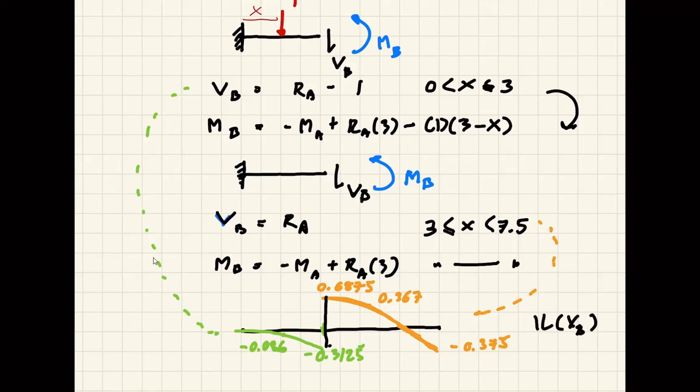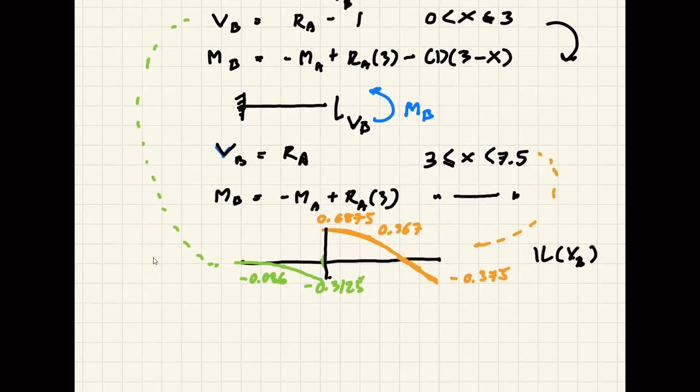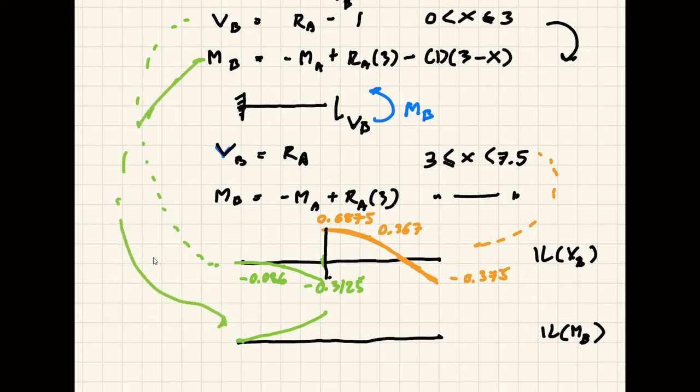And in the same manner, we are going to have the influence line of MB. Okay, here, green first, that one. Okay, and this is 0.258.